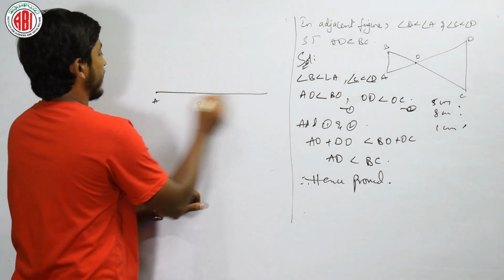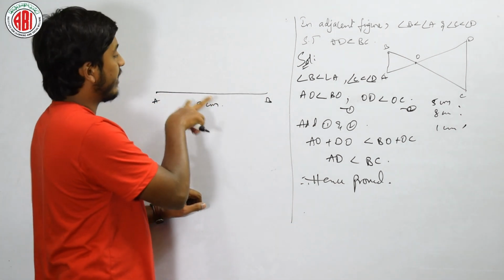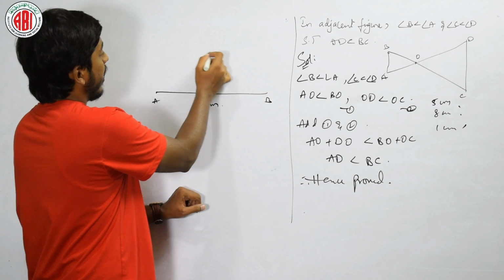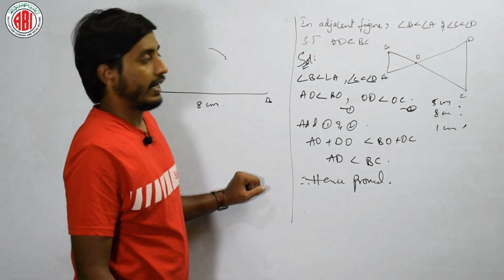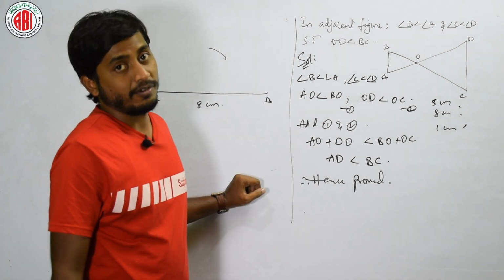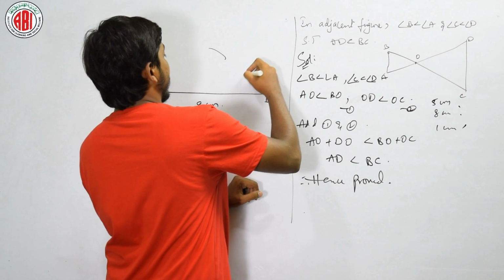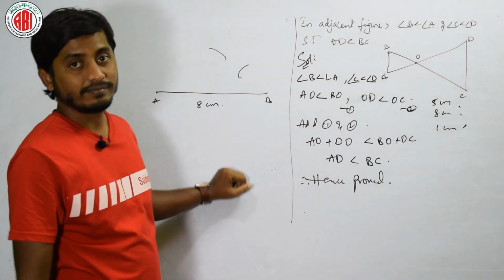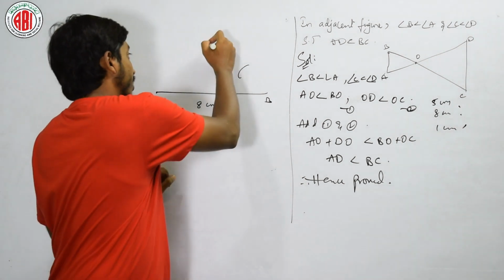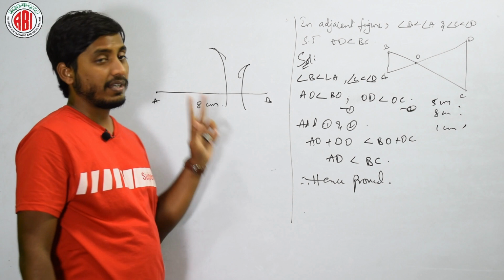Let us say this is AB, with A as center and 5 centimeters as radius, I will draw an arc. Fine. Next, 1 centimeter I will draw. With B as center, 1 centimeter as radius, I will draw somewhere here. Did they join? Tell me. Even if you join, this will come to 5, this will come to 1. At least 2 centimeters is there in between.